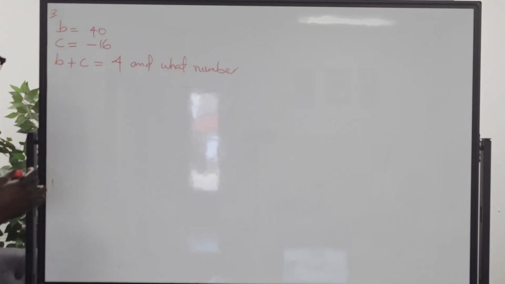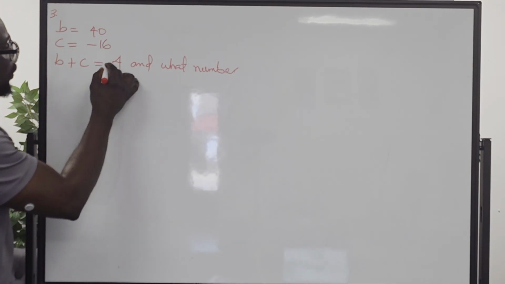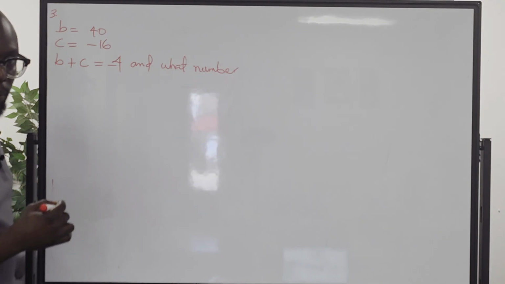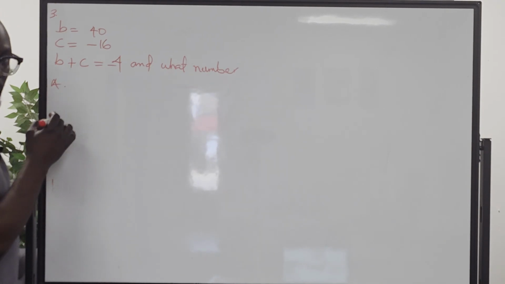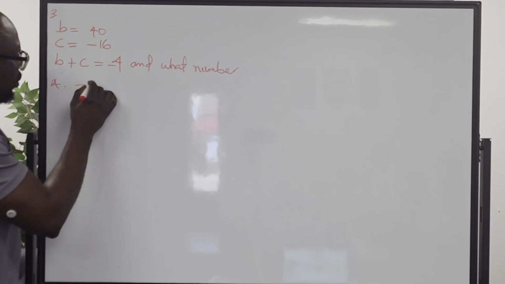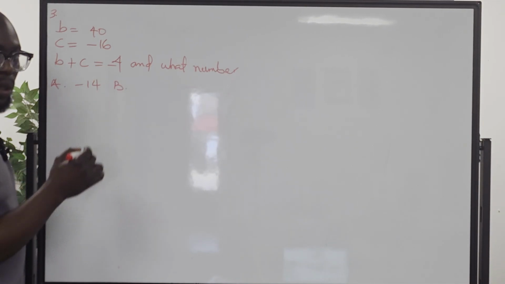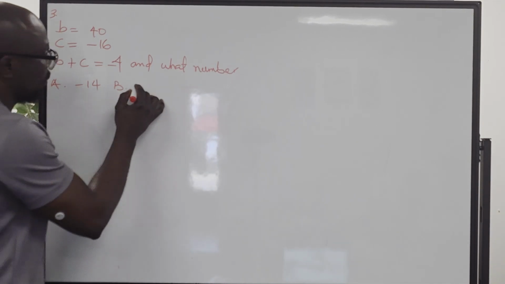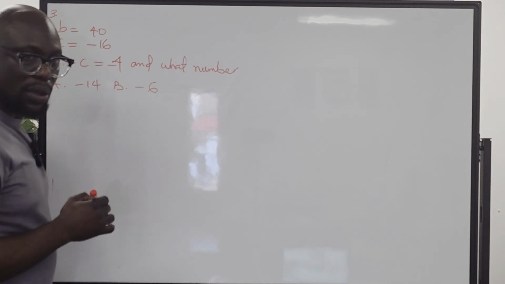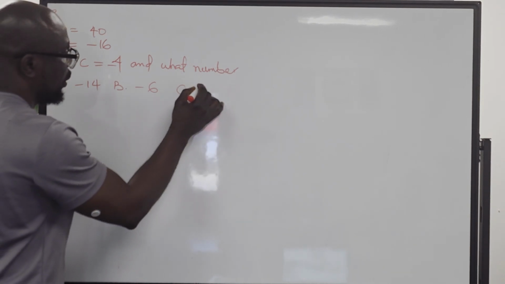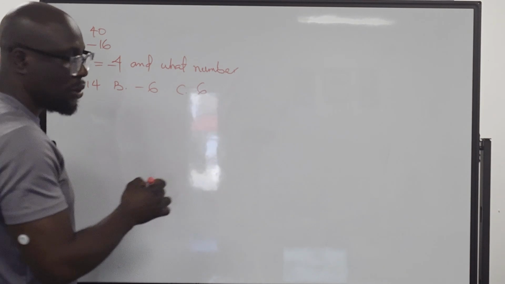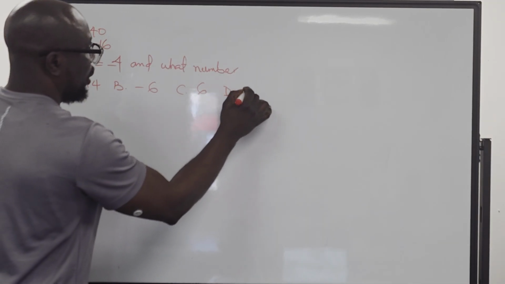They give us option A is minus 14, option B is minus 6, option C is 6, and option D is 14.